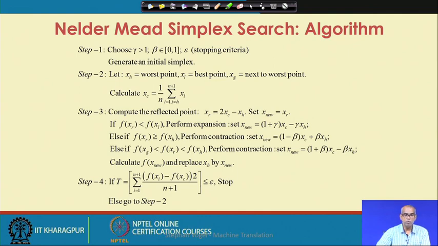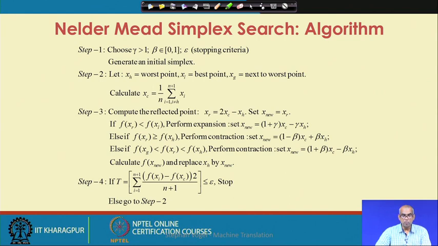At step 3, now you reflect the worst point. So, compute the reflected point xr equal to 2xc minus xh. We now set the new point as the reflected point. So, set xnew equal to xr. Evaluate the function value at xr. We already know the function values at all other vertices.